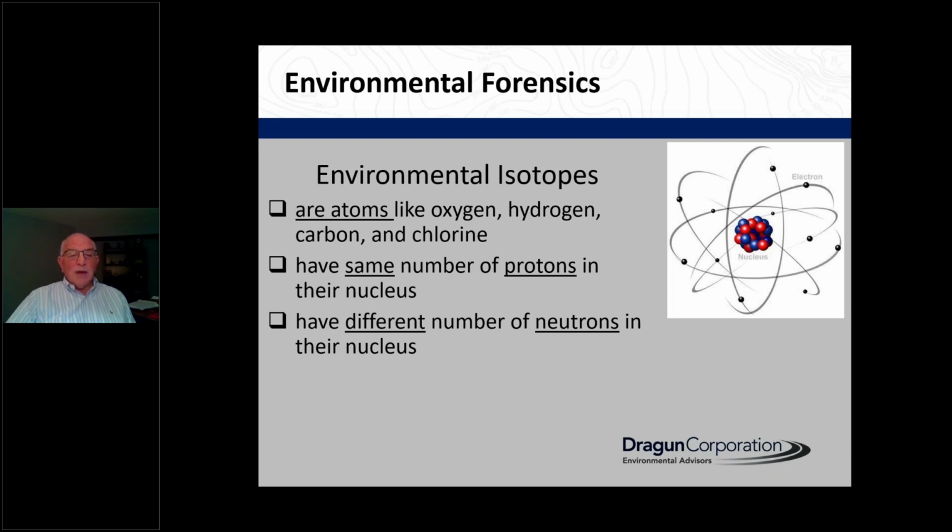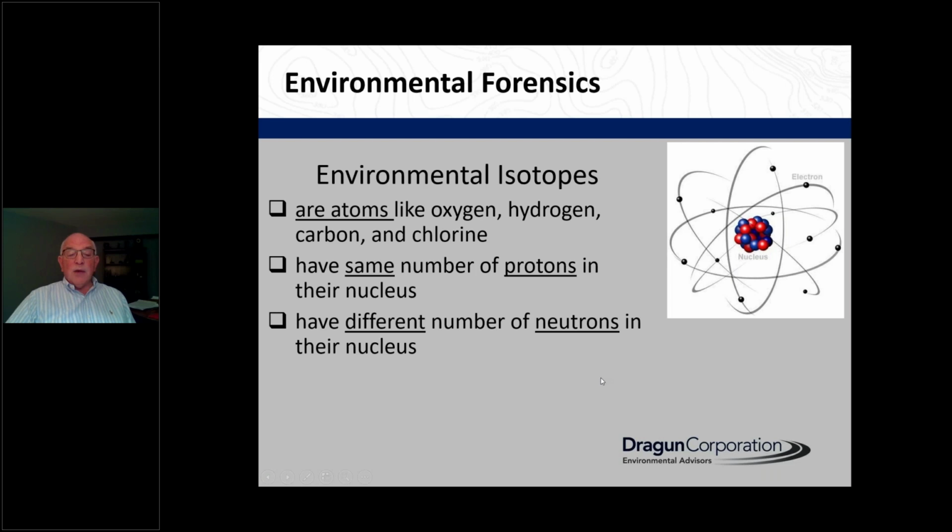And isotopes are basically atoms, like oxygen, that have the same number of protons in the nucleus, the center of the atom, but they have a different number of neutrons, which are neutral particles, but protons and neutrons have the same mass.